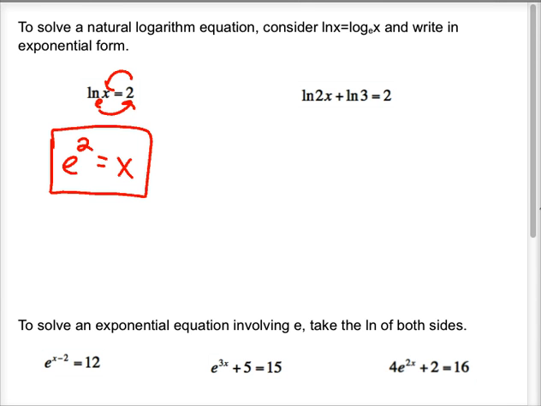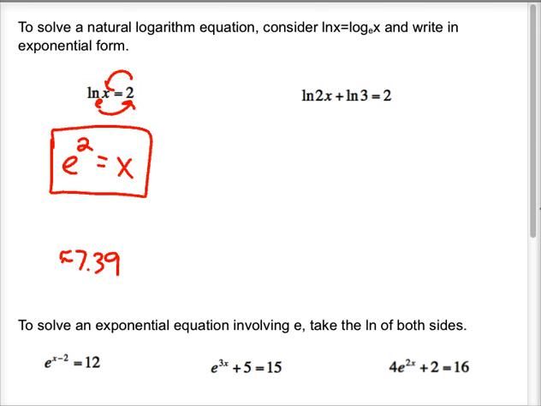Now, just like with natural logs, remember e is a number. e squared is actually a legitimate number. It's approximately 7.39. Now, I don't want you to write that out. I want you to leave it as e squared. But I want to emphasize the fact we're dealing with a number. This is a numerical solution just like everything else we've been doing.